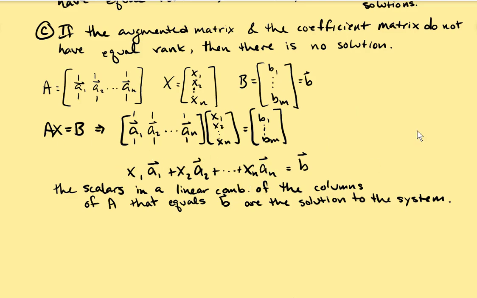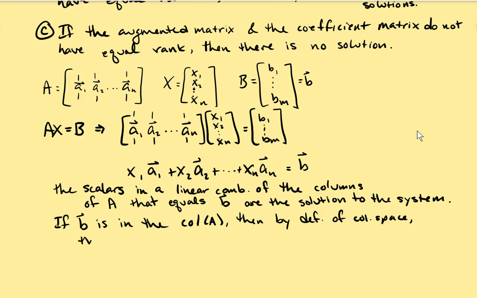So we could say if B is in the column space of A, then by definition of column space, there is a solution, a set of x values, to the system.